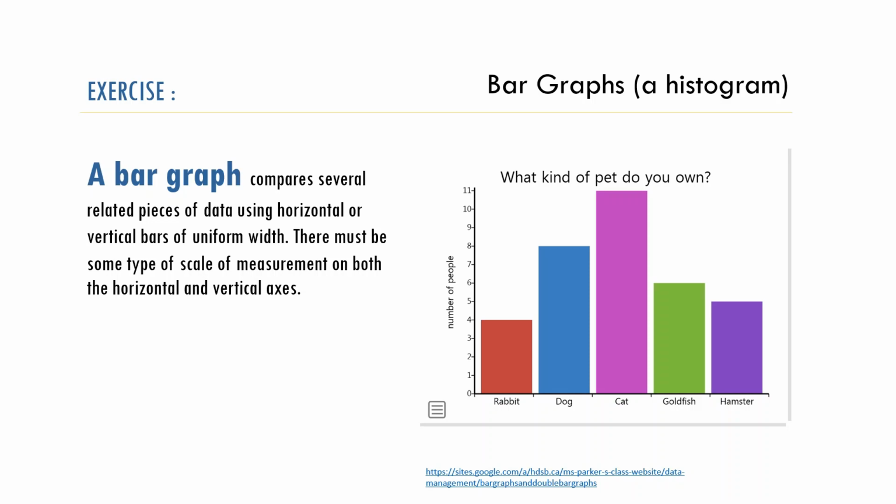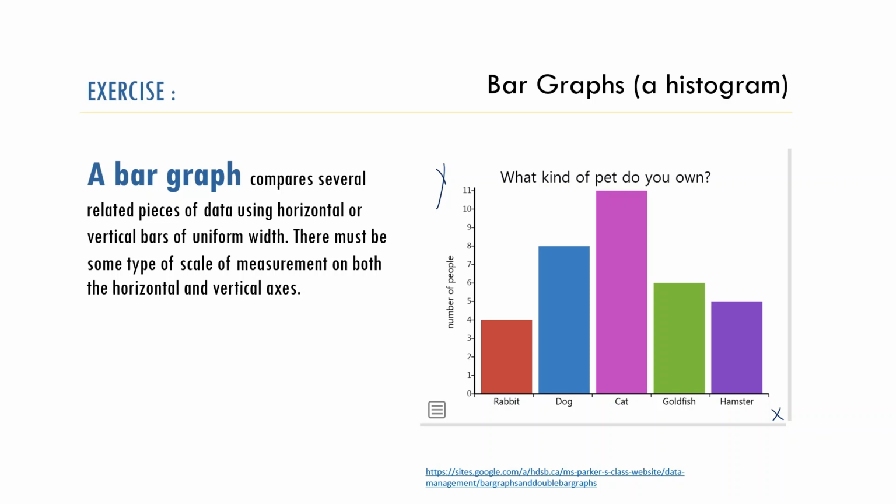For example, this is an example of a graph of what kind of pet you own. The x-axis, which is horizontal, and the y-axis is vertical. The x-axis represents the pet that people own, and the y-axis represents the number that can measure.